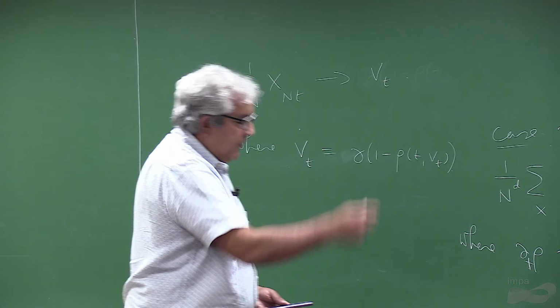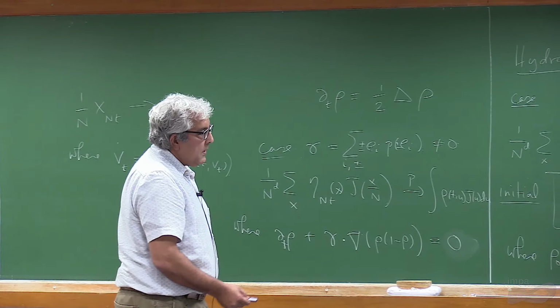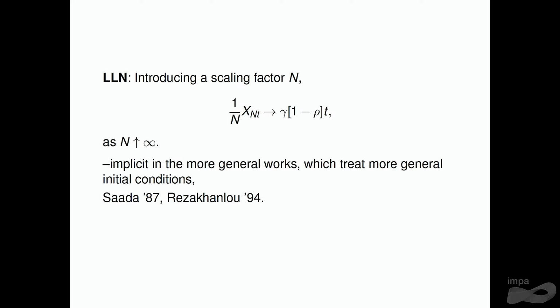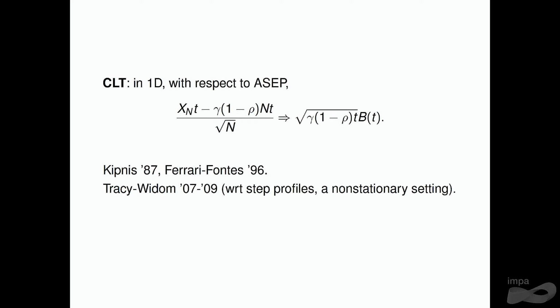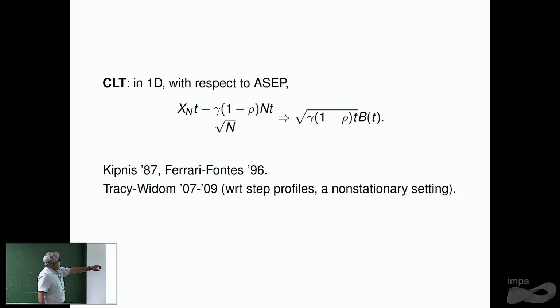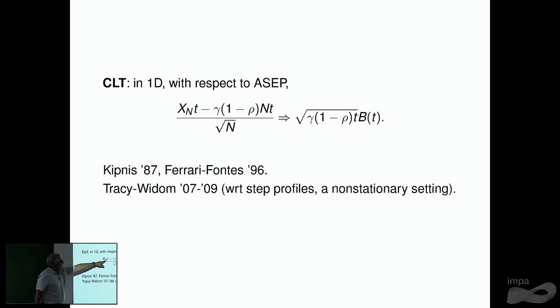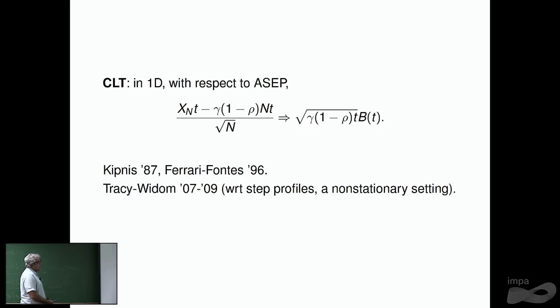That's Reza Hanlu's result, the first one. So the central limit theorem is next. Let's stick with ASEP. We're in one dimension, so gamma is a scalar, and our convention is that gamma is positive.